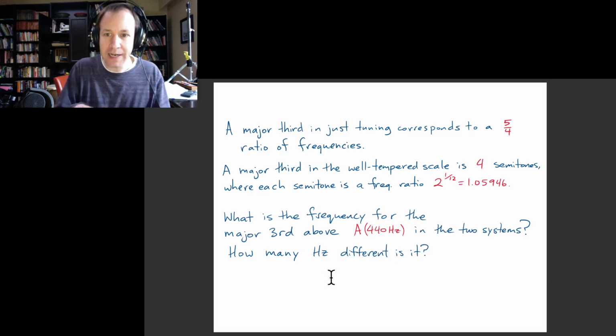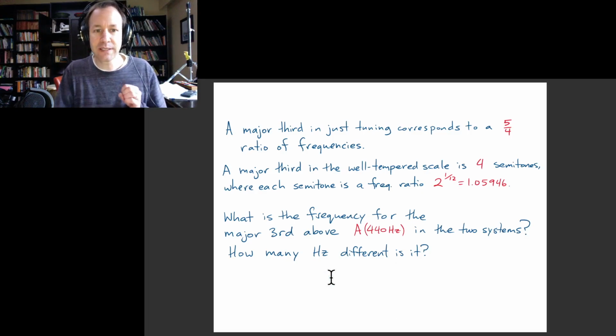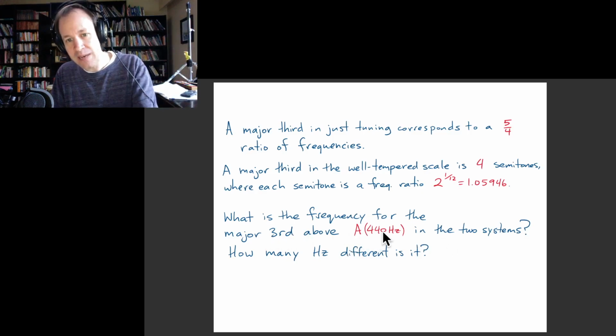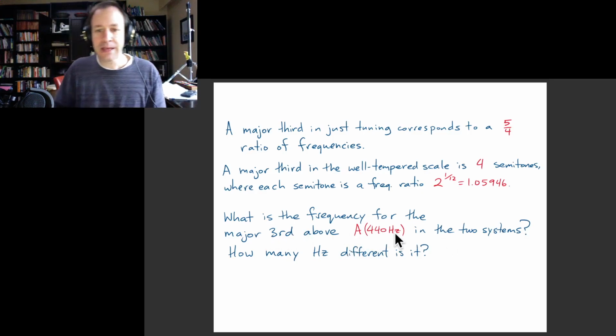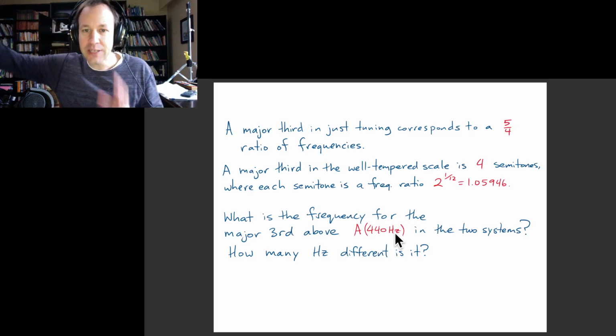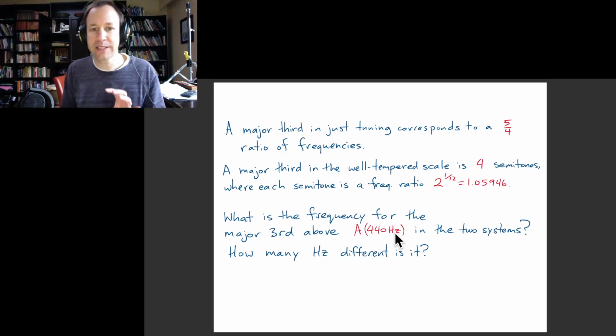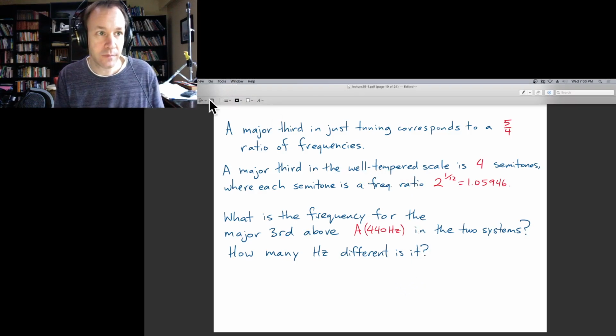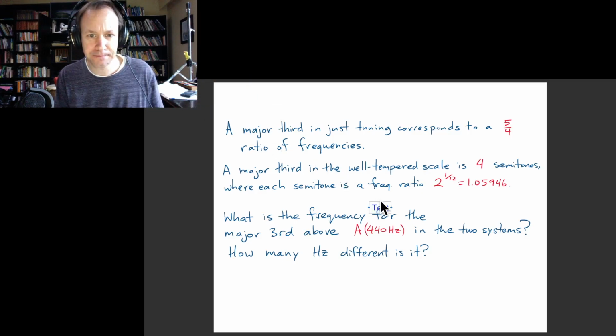Maybe work out the frequencies corresponding to a major third above an A with 440 hertz. Work out the frequency in the just tuning, and work out the frequency in the equal tempered scale, or sometimes it's called well tempered, and see how they compare. Okay, so let's try that.